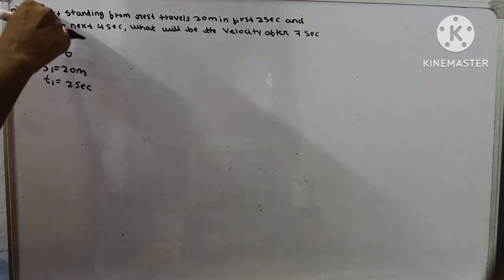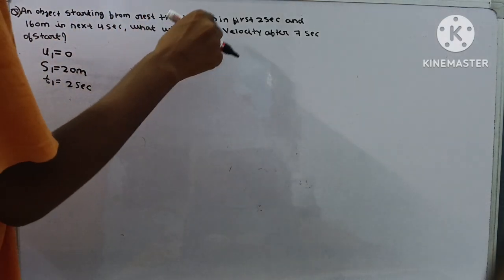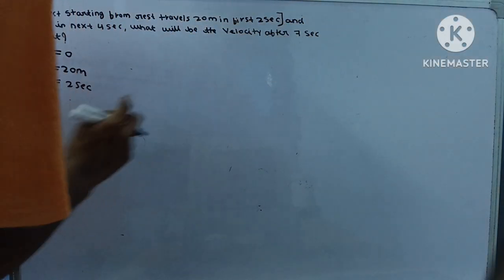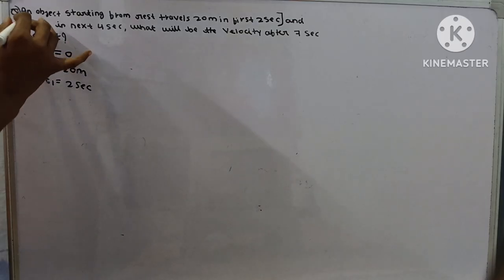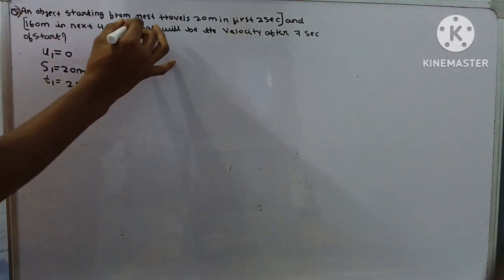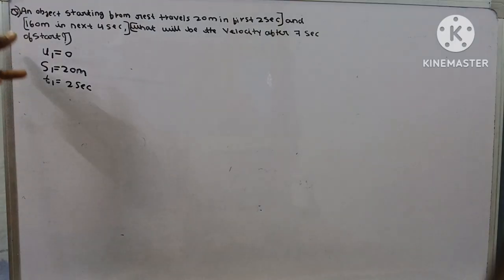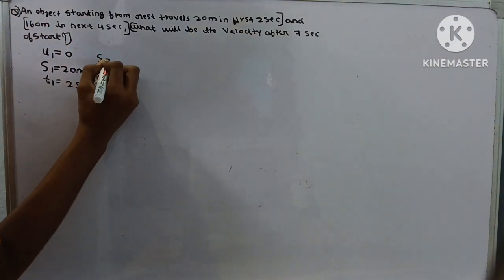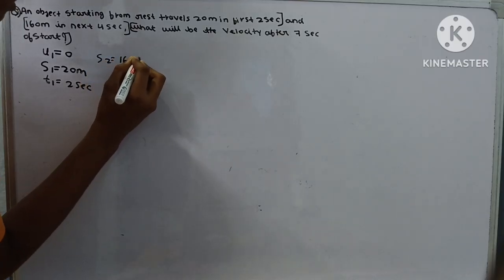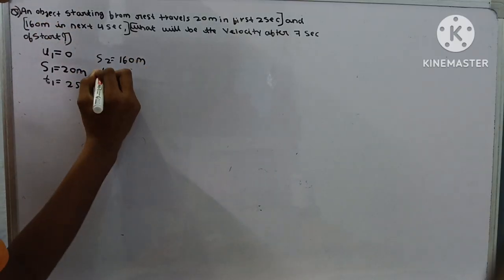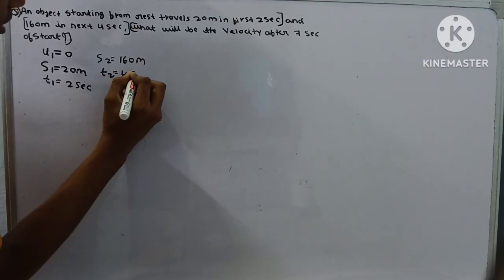So this is the first case, an object starting from rest travels 20 meter in 2 seconds, and then the second case starts from here, 160 meter in the next 4 seconds, and the third case is this. Okay, so let's write down the second case. The second case says that s2 is 160 meter and t2 is 4 seconds.